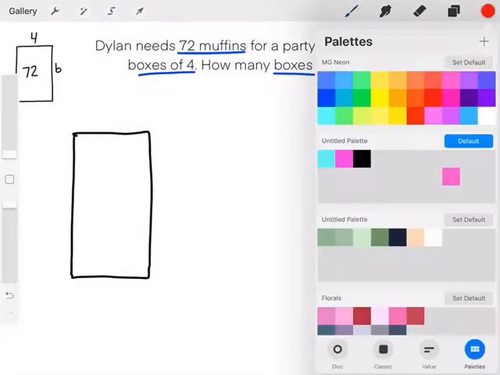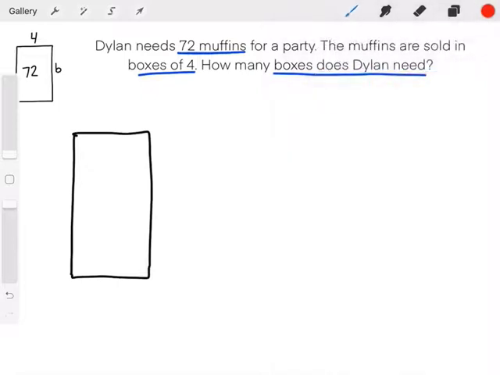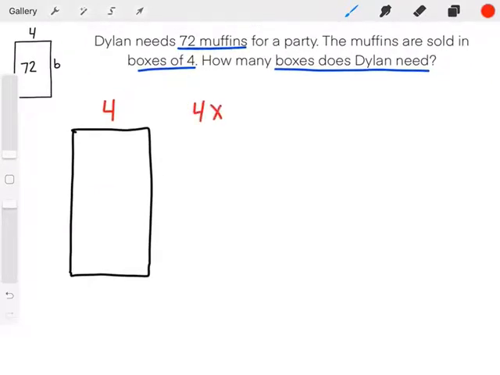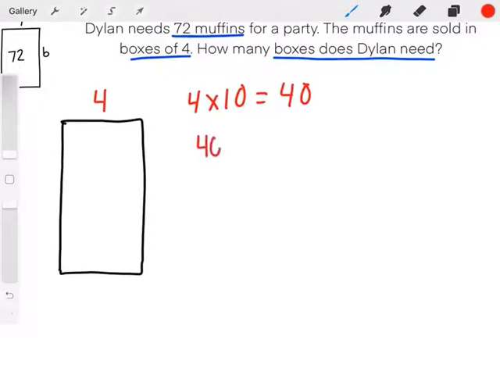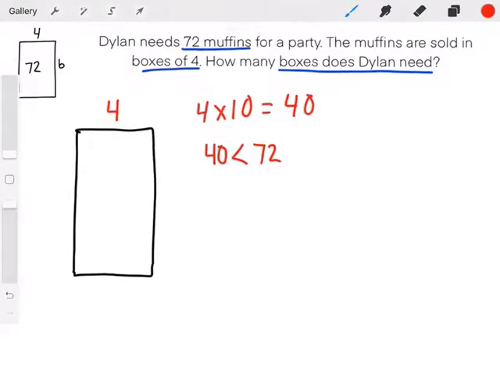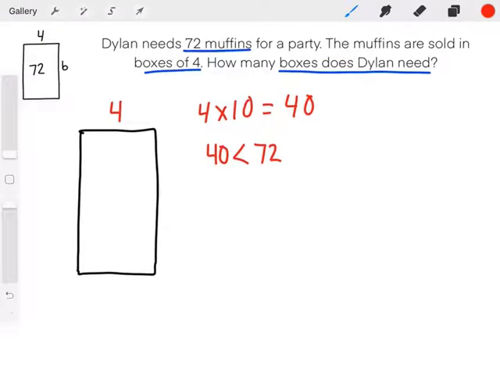Remember this is still 4. Four times 10 will give us 40. And I know I could use 40 because 40 is less than 72, which is the total number of muffins that Dylan needs. So let's see if we can go a little bit higher.